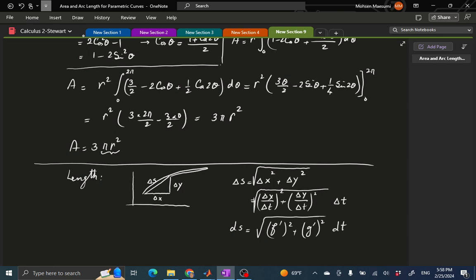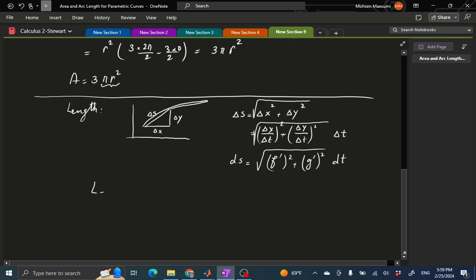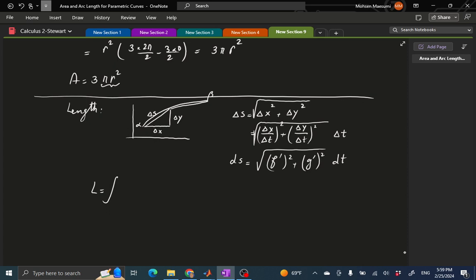And then our element of the parameter. So the length that we want to calculate, again assuming that we are going from alpha to beta, is going to be the integral of the square root of the derivative of x squared plus the derivative of y squared, multiplied by dt.